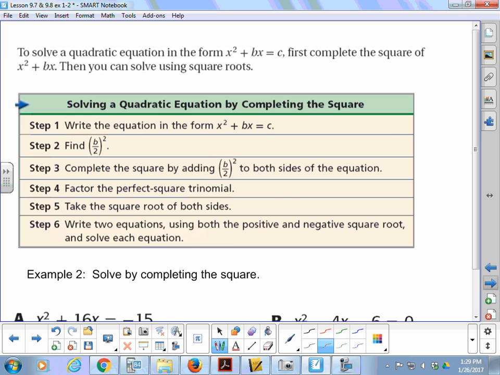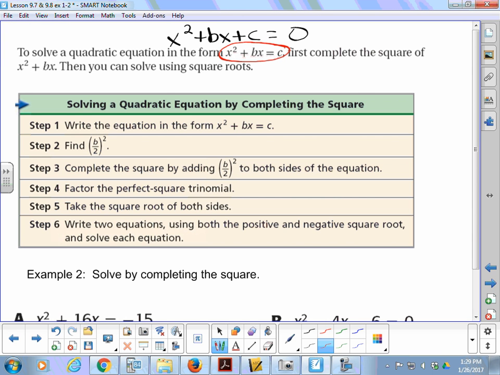So when we were doing factoring and graphing, we said we've got to have x squared plus bx plus c equals 0. But when we are completing the square, it's going to look like this. The variable terms are going to be on the left side of the equal sign.